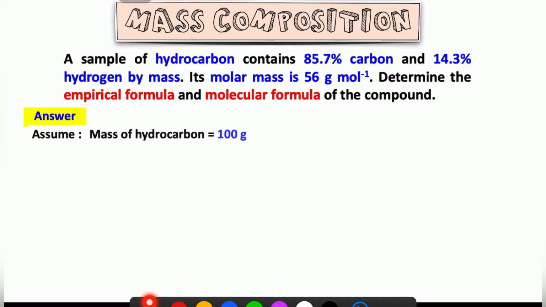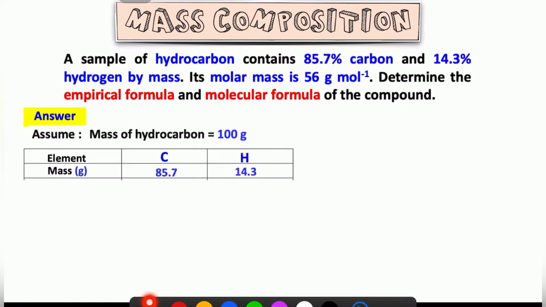To make it simple and easier for you to calculate the mass of the carbon and hydrogen, you assume the mass of the hydrocarbon as 100 gram. Next, you have to form a table which has mass, and you note the unit of the mass. Here are the elements carbon and hydrogen, and this is the value of the carbon in gram, and the same for the hydrogen.